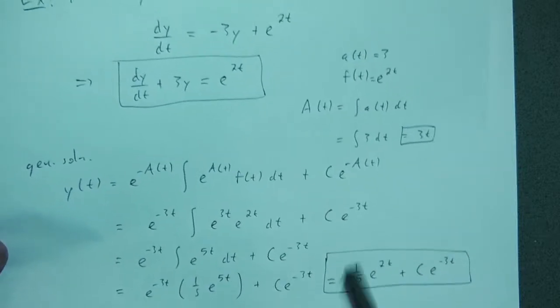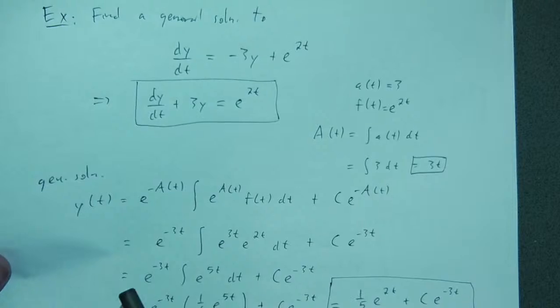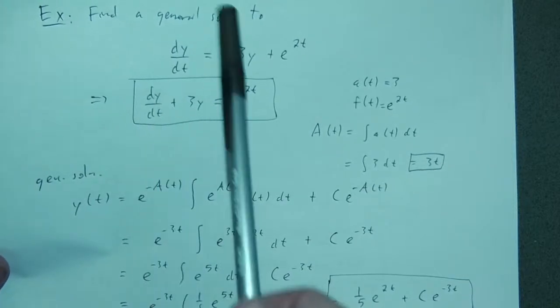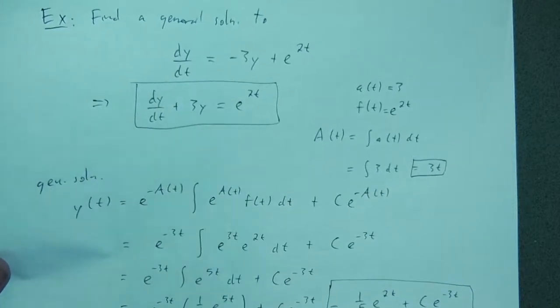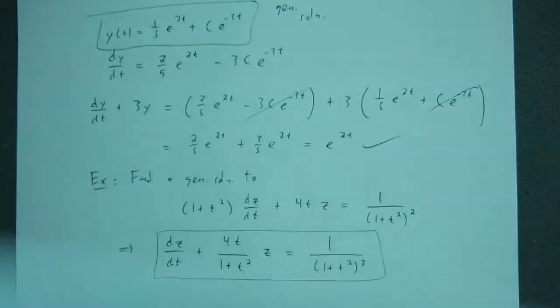You're looking for an unknown function such that when I take its derivative and add 3 times the function to itself, I get e to the 2t. That's not going to tell you too much. So here, even more so, you're going to have almost no idea what the final form of this thing is going to look like.